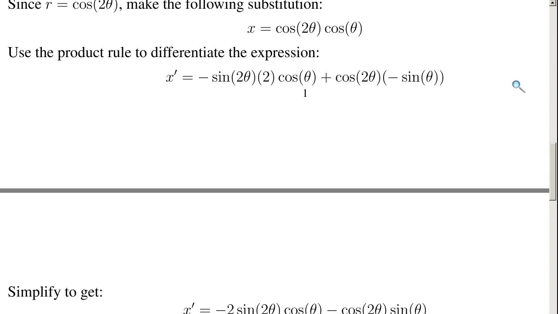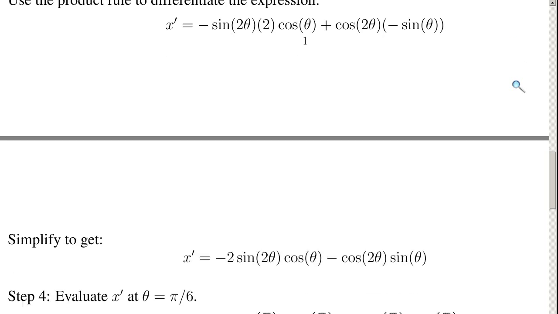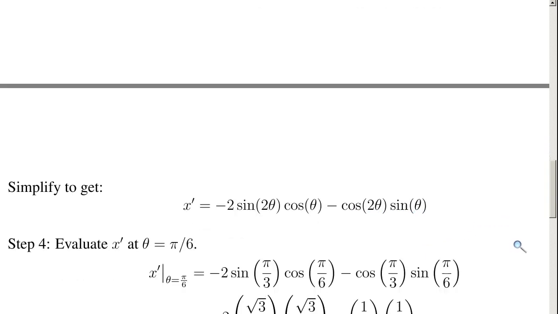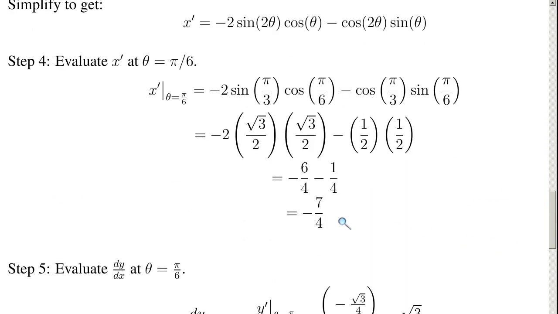So from here, we're going to simplify to get x prime equals negative 2 sine 2 theta cos theta minus cos 2 theta sine theta. Step 4. Evaluate x prime at theta equals pi over 6.